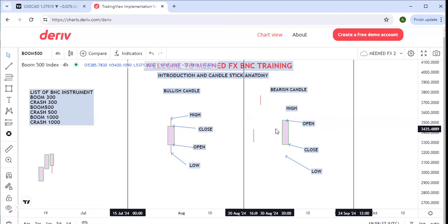All right. So for you to be able to do the way I do with boom and crash, you have to follow these particular steps. You can do whatever with VIX. I'm not talking about VIX, but if it's boom and crash and you appreciate what I've been doing with it and you actually want to do it the way I do it, this is just the way I do it.